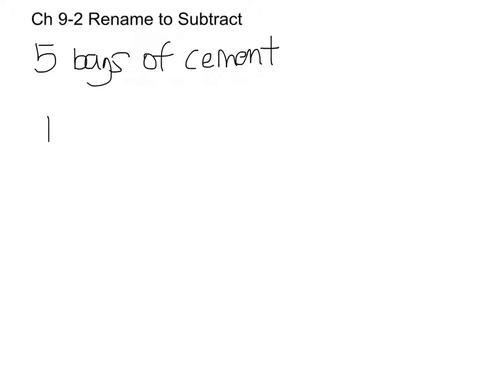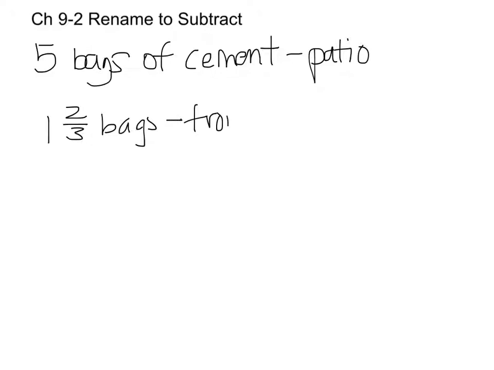They need 1 2/3 bags for the front porch. So just that front portion. How much more do they need for their patio? So if they've already used 1 2/3 bag for the front porch area, how much more do they need for the patio?